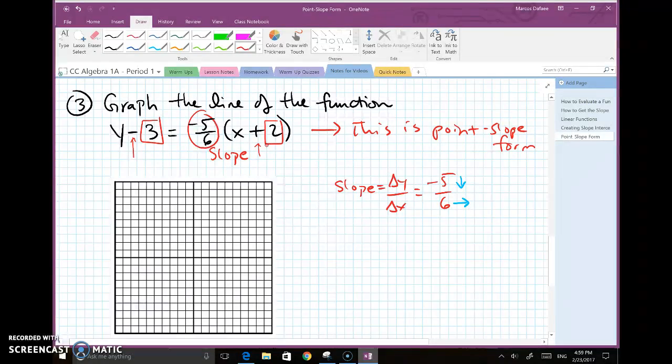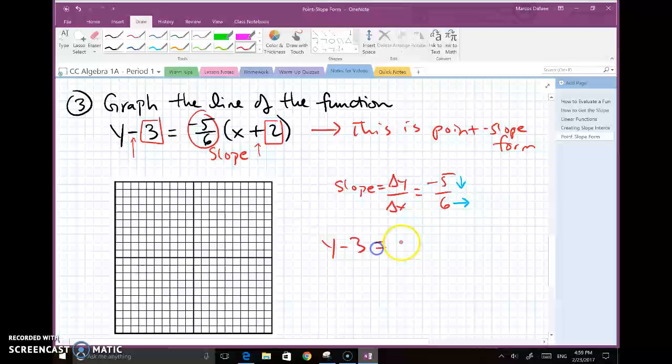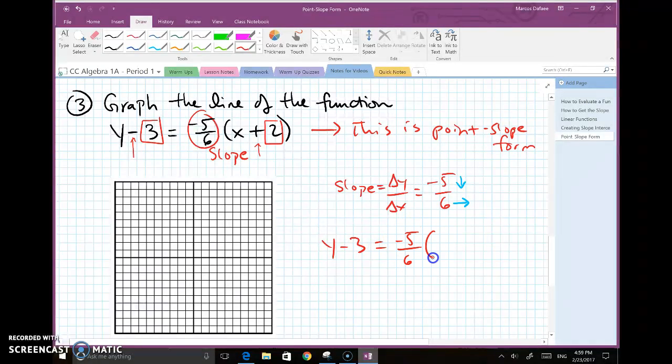The reason is because originally, before it looked like this, it looked like this. Remember, point-slope form has minuses in the design of that function. So it used to look like this. It used to be x minus, I'm going to slow down here, x minus negative 2.